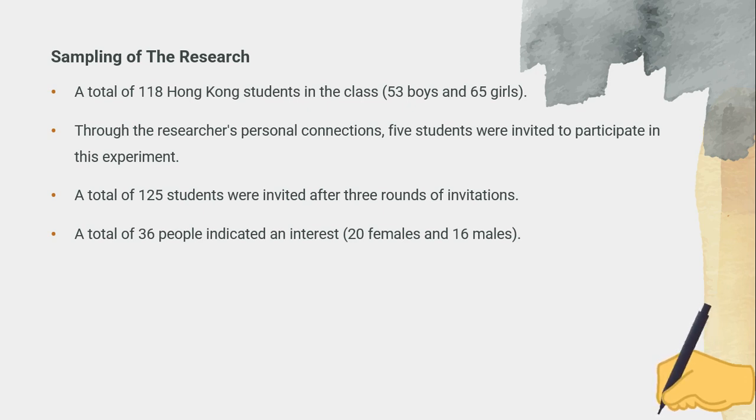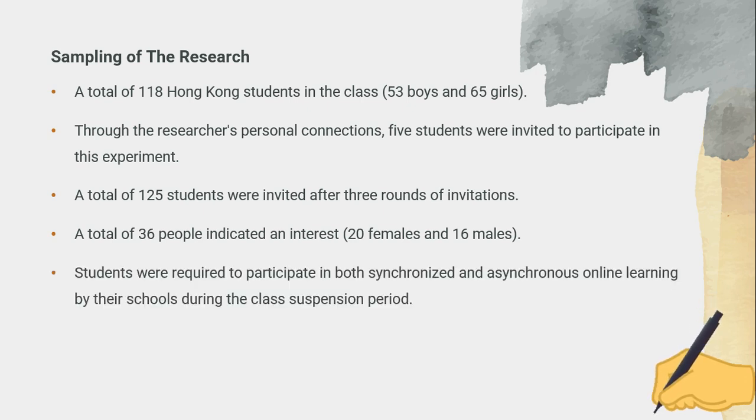Also, a total of 36 people indicated an interest, which is 20 females and 16 males. So the students were required to participate in both synchronized and asynchronous online learning by their schools during the class suspension period.